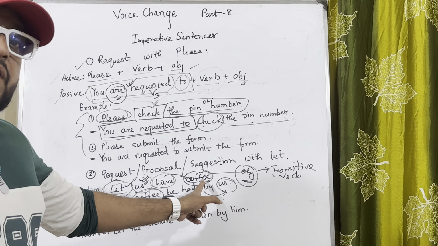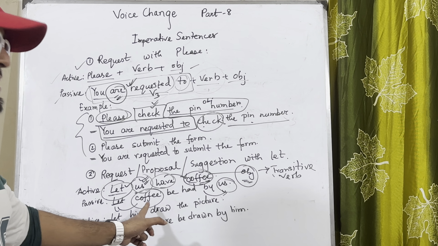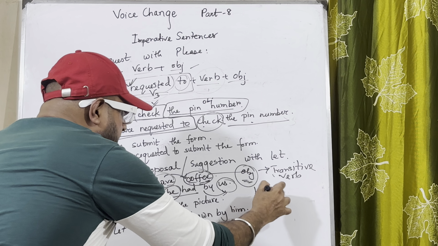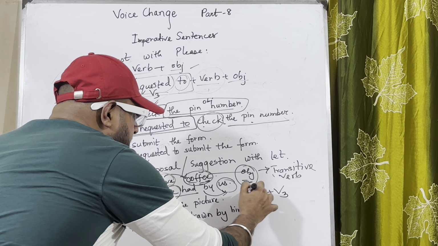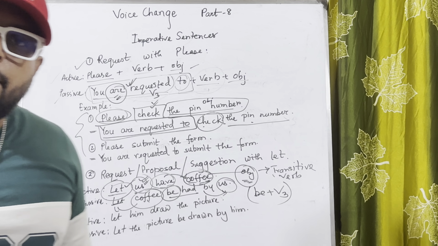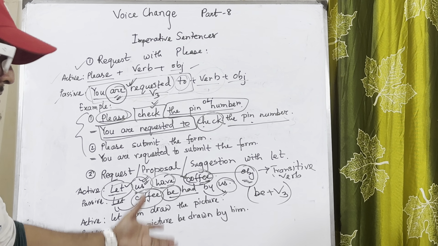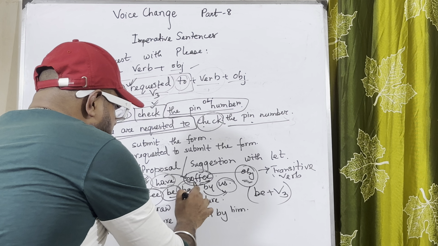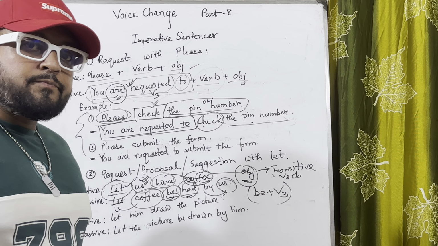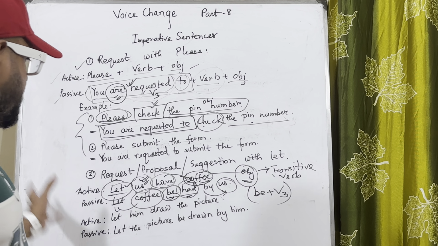The object of the transitive verb came just after "let", and then "be" plus V3. So remember, in a usual imperative sentence we use this pattern: let plus be plus V3 form. Again, the verb took its V3 version, and before it the auxiliary verb, the to be verb, is "be". So this is the very simple way to change it into passive.